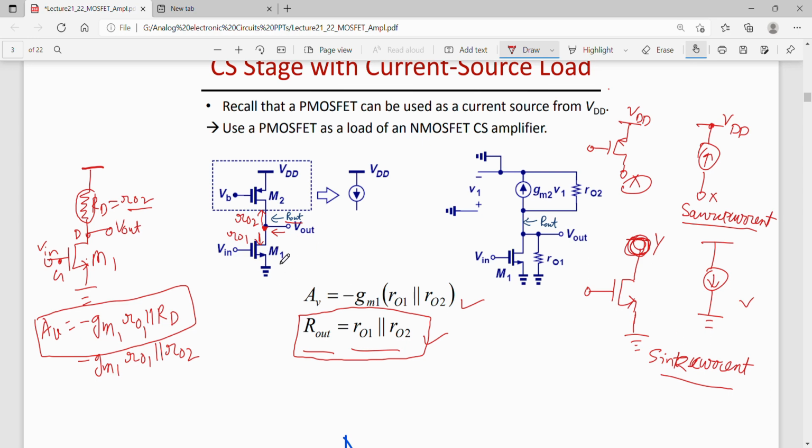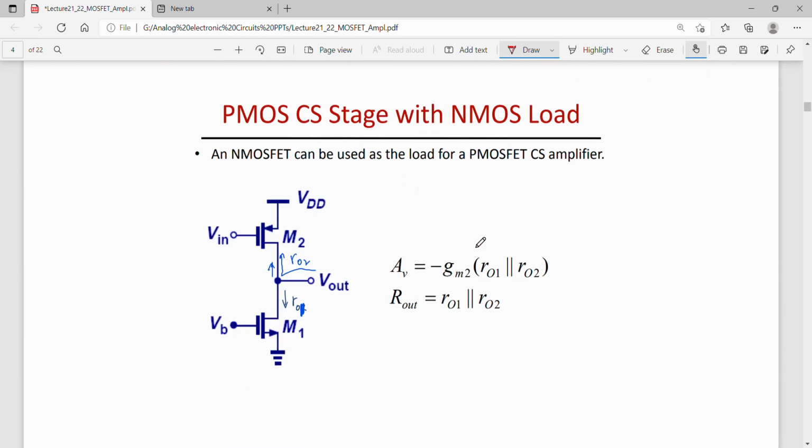So one can utilize an NMOS load in the common source stage, but now the common source stage will have a PMOS. So for example, this is my common source stage which is implemented by M2. Common source because input is at the gate and output is at the drain. So the common source stage is implemented by M2.